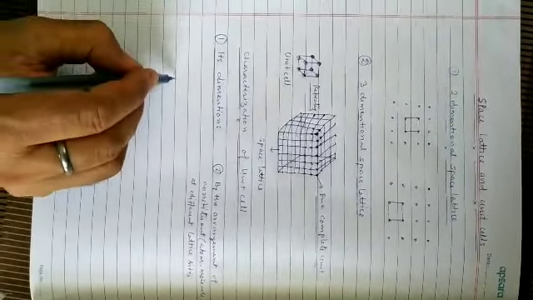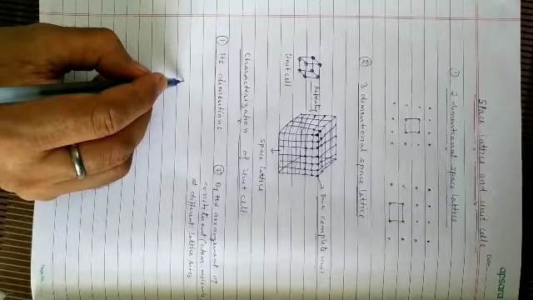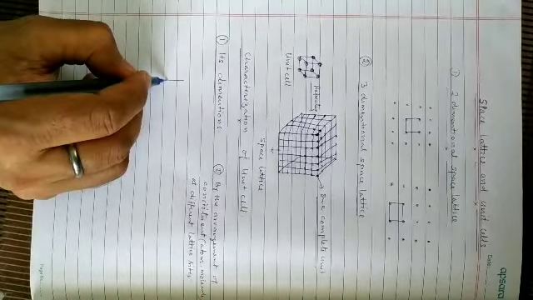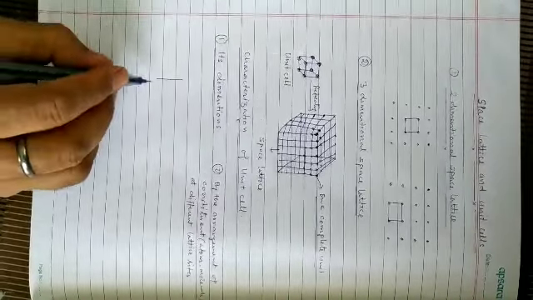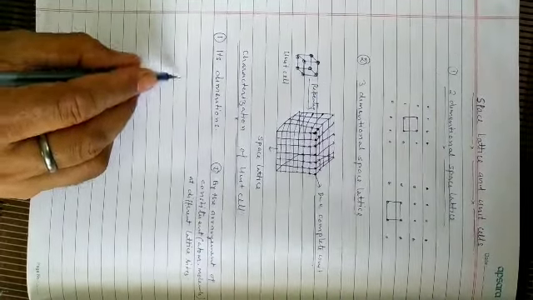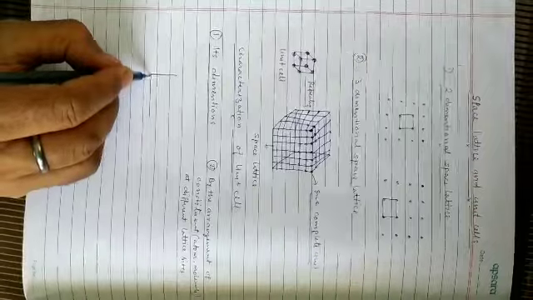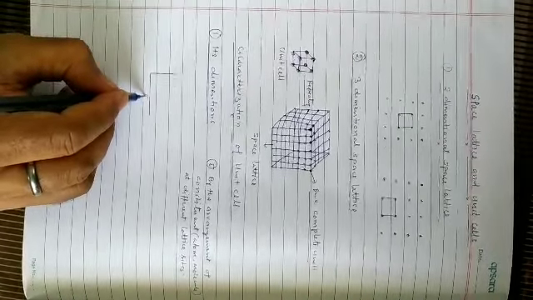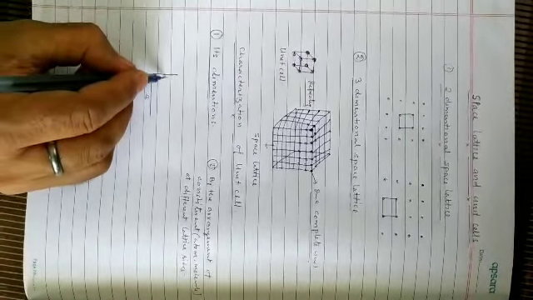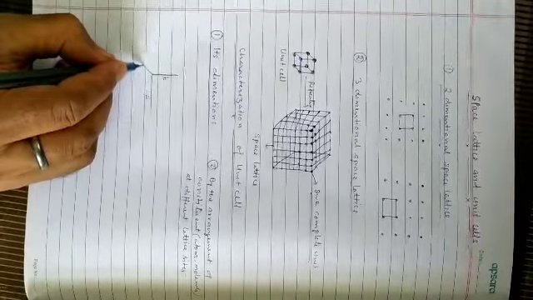So now you see any unit cell is characterized by its dimensions. Dimensions means here, what is the length of the unit cell, suppose it is A, what is breadth and what is height.